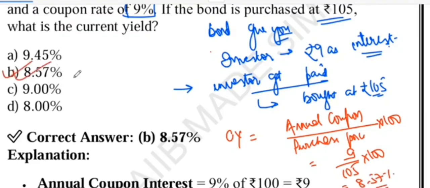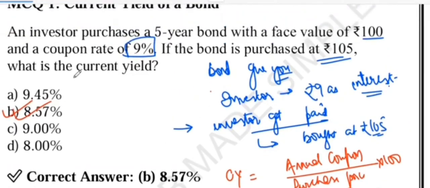Try to understand, even though the bond is paying 9 rupees per year, the return based on what the investor actually paid, which is 105, is only 8.57%. So remember, whenever we find the current yield, we see at what price the bond was purchased.